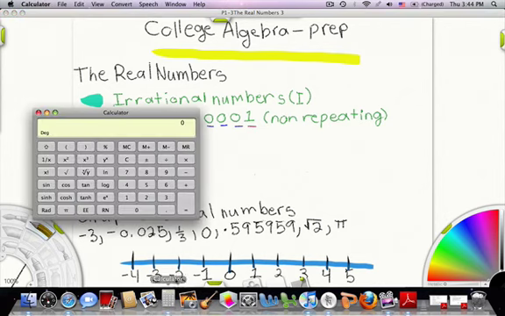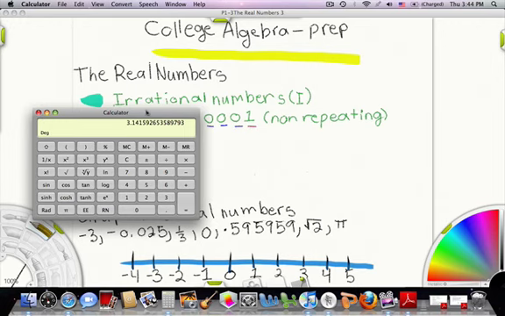So if we look at the calculator, it says that pi is 3.14159265358, and it keeps going on. But what a lot of people don't know is this 3 here is actually rounded. Pi goes on forever, but the calculator can only display so many digits. It has to round this last one to 3. So just so that you know that pi is an irrational number.